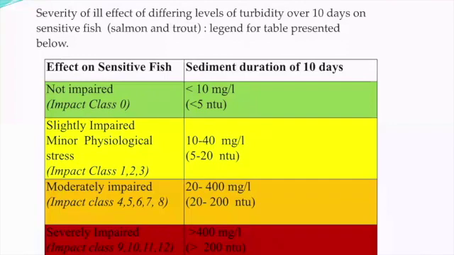This table shows the effect on sensitive fish in varying sediment events. If we look at one specific site and we want to know what is happening immediately downstream from that site, we ask how a fish would fare upstream and downstream compared to the predicted impact on the stream.